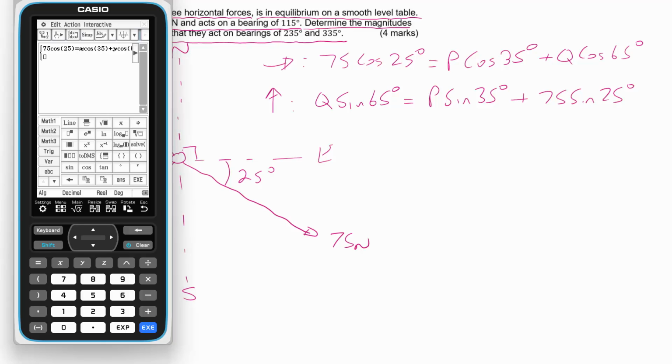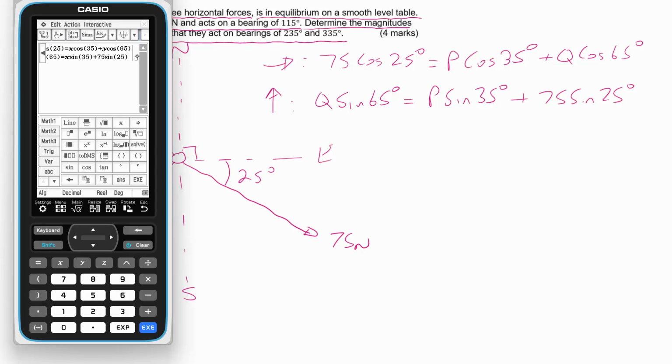Now that one is the y. So we've got y sine 65 is equal to x sine 35 and finally the 75 sine 25.